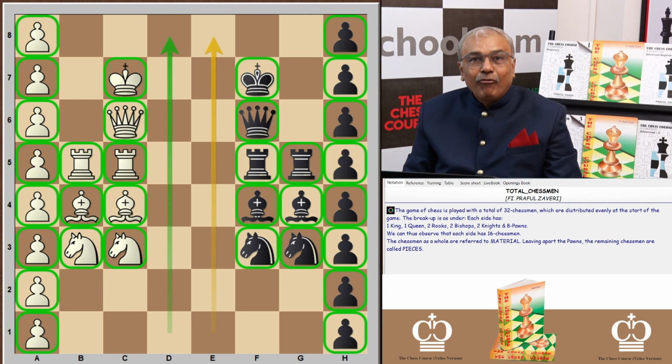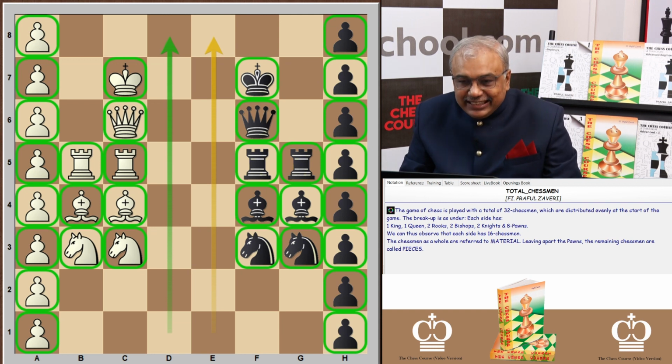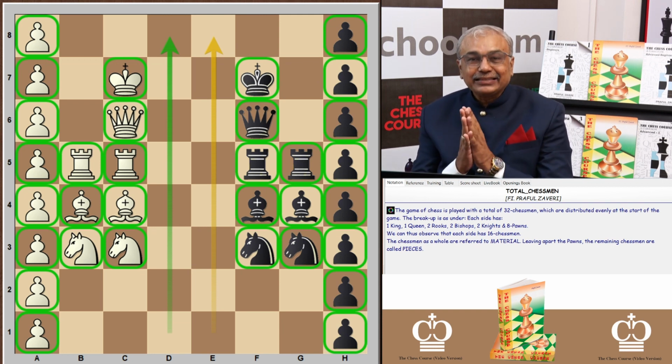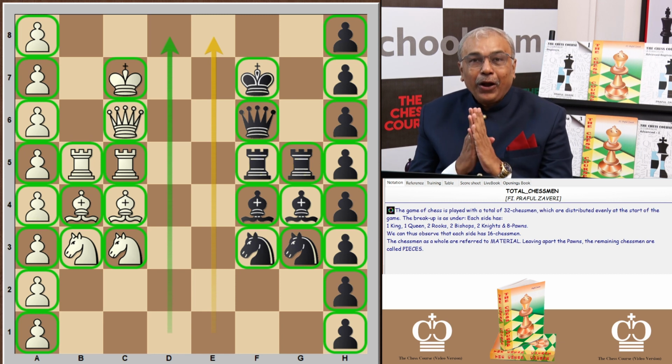It means white has got a total of 16 chessmen and so has black, thus making a total of 32.